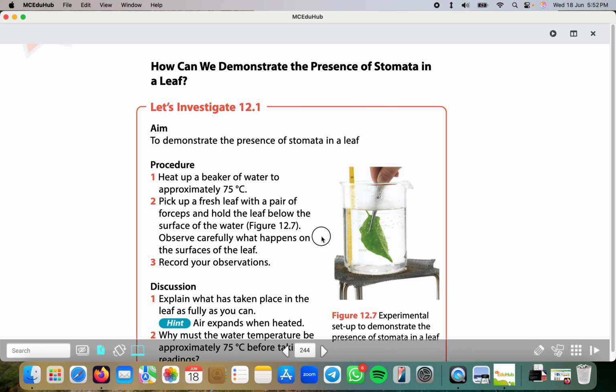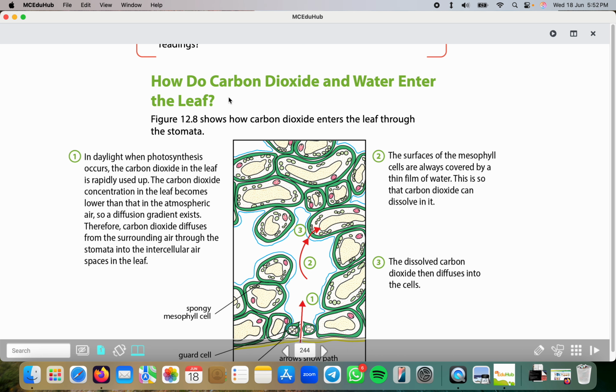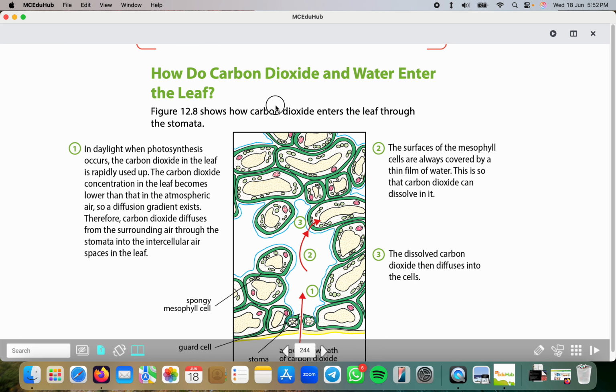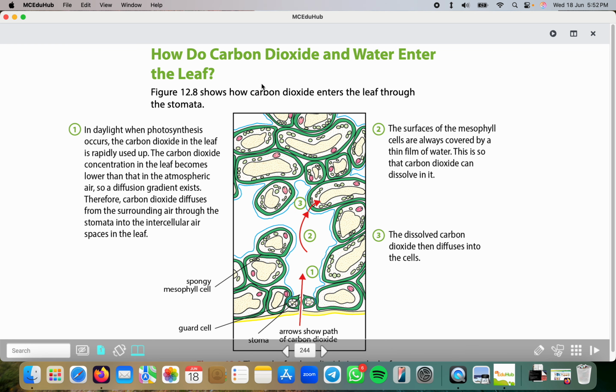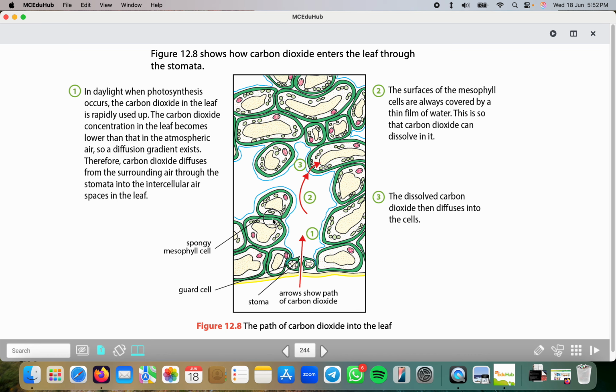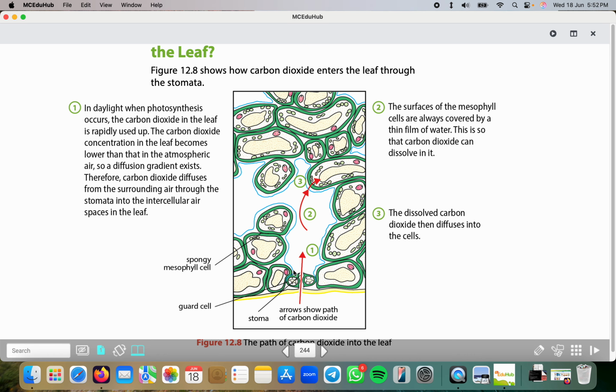Okay, let's move on to talk about how carbon dioxide and water enters the leaf. This is a very important point, so do remember and do take notes over here. Okay, so this will be your gaseous exchange as well as water entering, both very important for the purpose of photosynthesis. Okay, so in daylight, when photosynthesis occurs, the carbon dioxide in the leaf is rapidly used up.